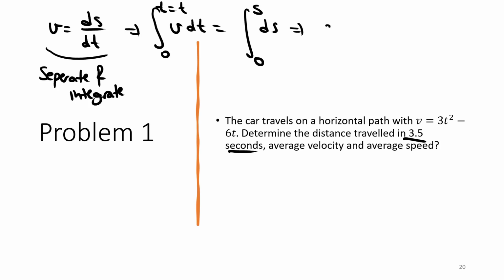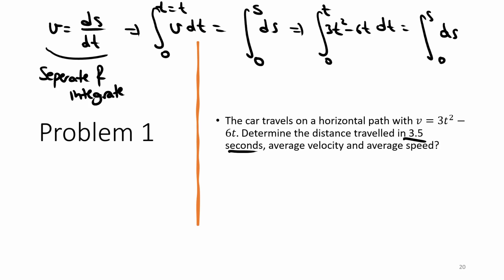So it will be the integral of 3t squared minus 6t from 0 to time t with dt, and the integral of ds from 0 to s. When time is 0, the distance is 0. When time is t, distance is s. These are just arbitrary variables. You can put anything you want. So we are saying from 0 to any value.